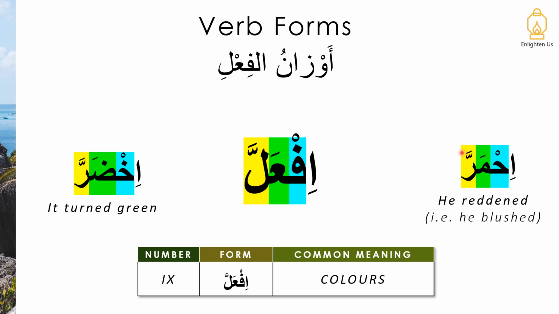And as you'll notice, there's an additional shadda there, an additional alif. Similarly here, the kha corresponds to the fa, the dad corresponds to the ain, and the ra corresponds to the lam, and then there's the additional shadda to give us that meaning of changing colour. This is specifically used for when something is changing colour.